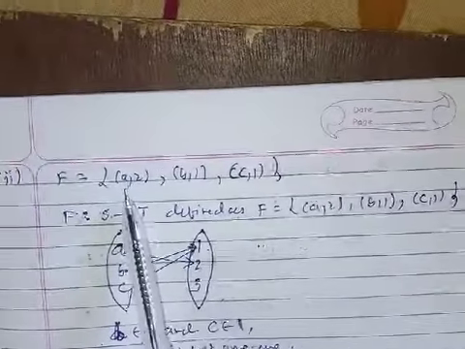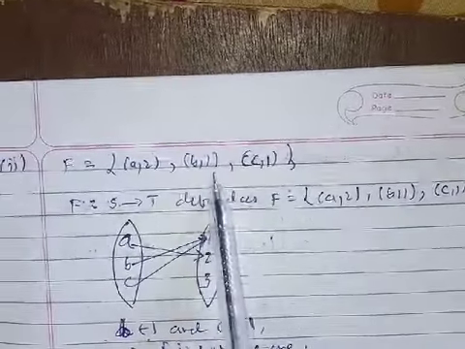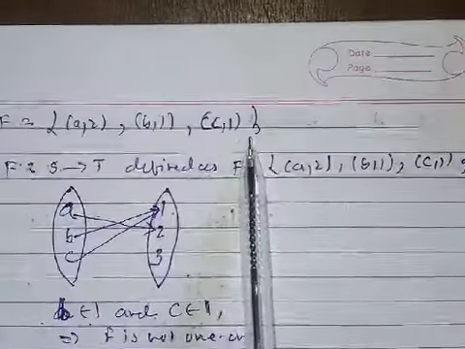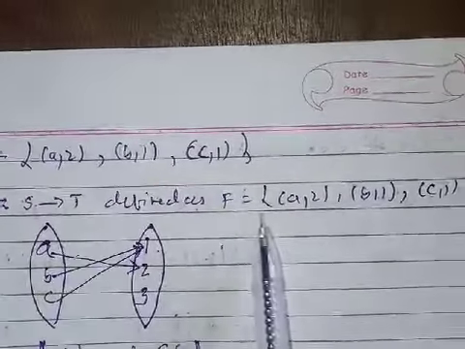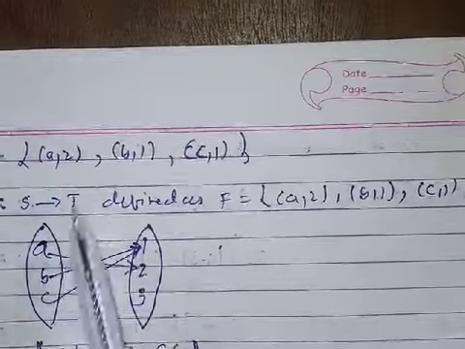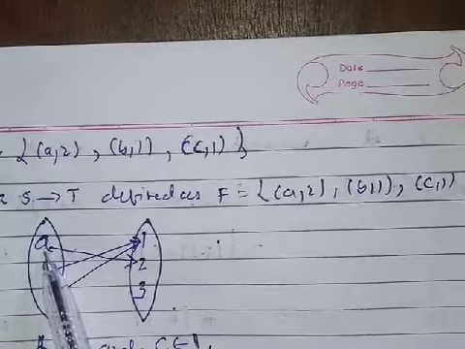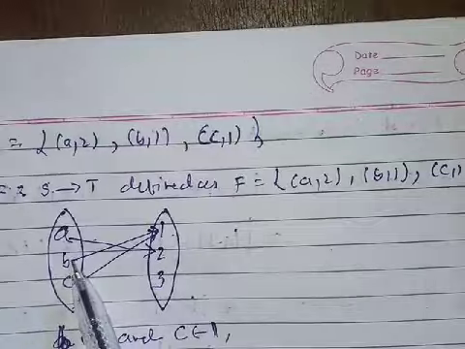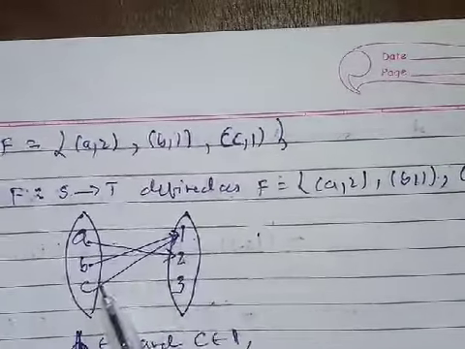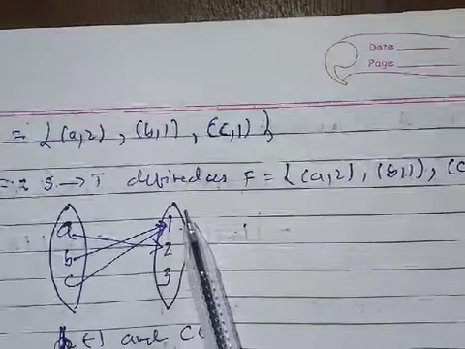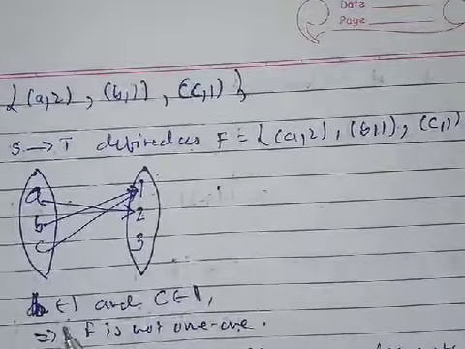Second part of it. F is equal to {(A, 2), (B, 1), (C, 1)}. F is defined from S to T, and A corresponds to 2, B is 1 and C is also 1. So it becomes a many-one function.